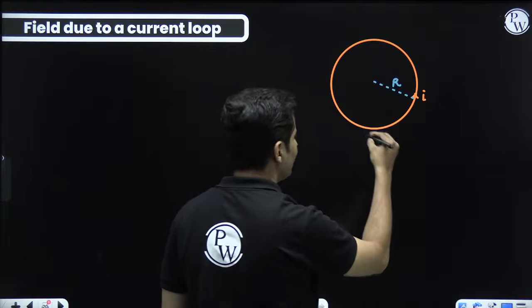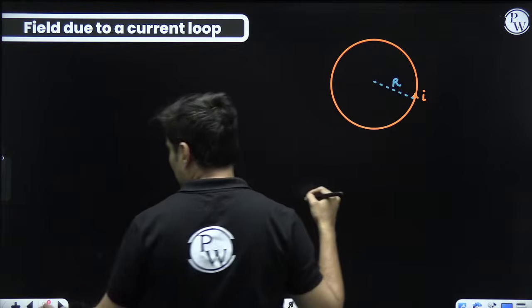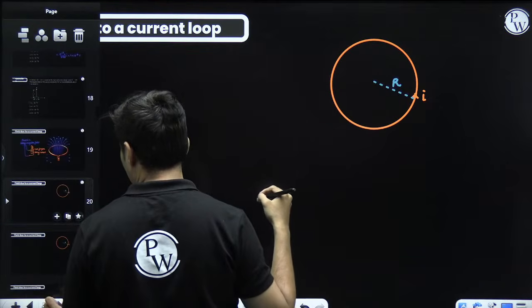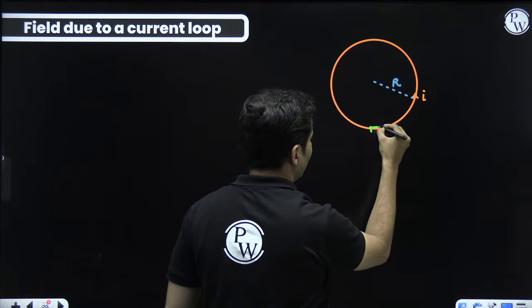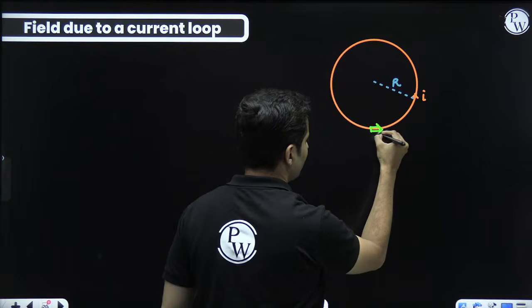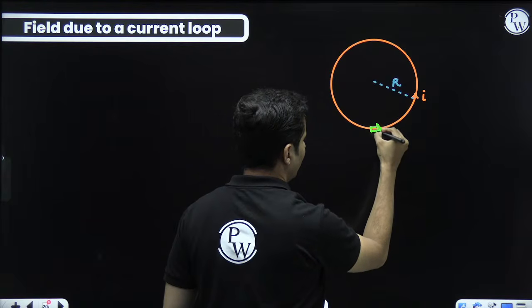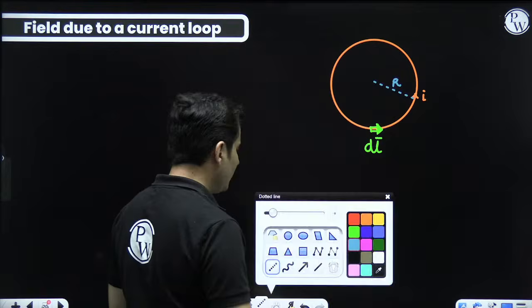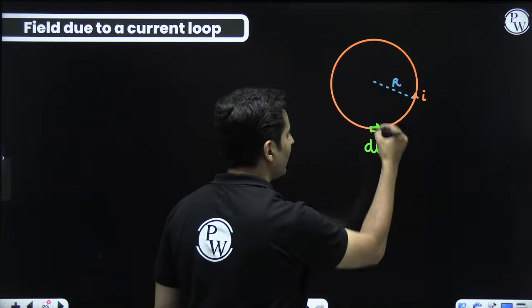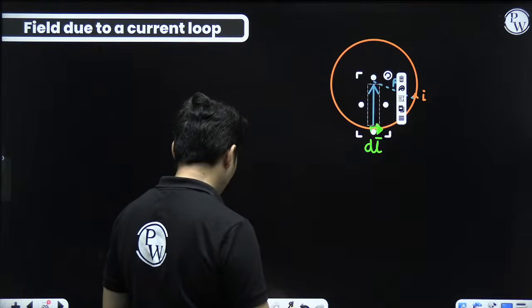First things first, I will take a small element, maybe like this, and I will call that dL. That dL bar will help figure out how much is the magnetic field over here.